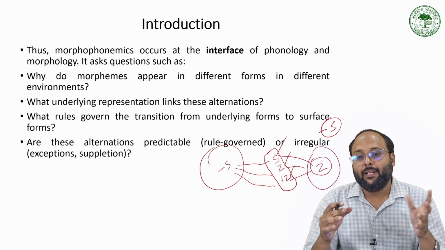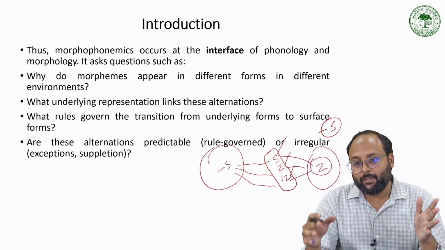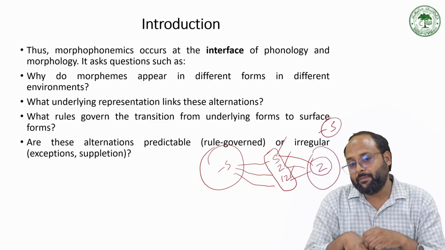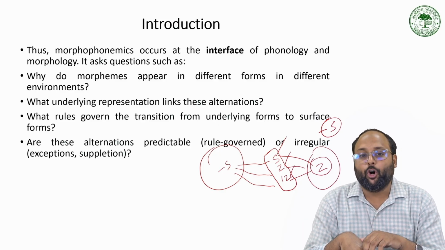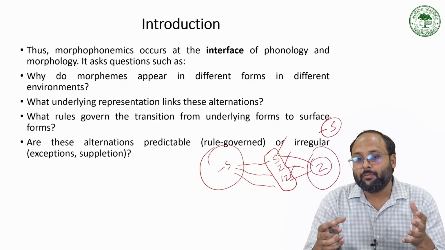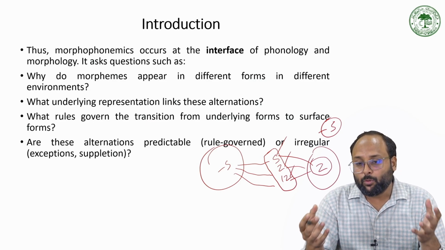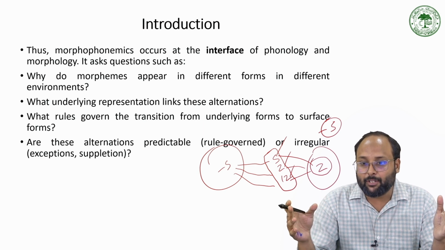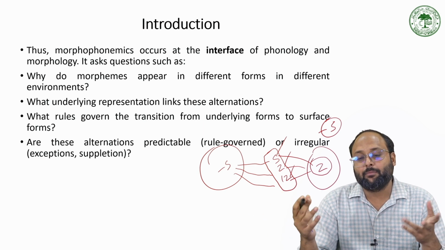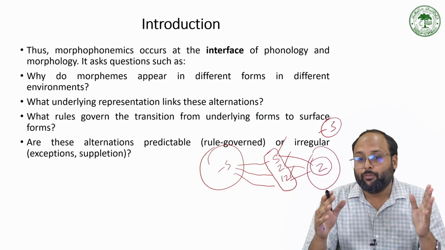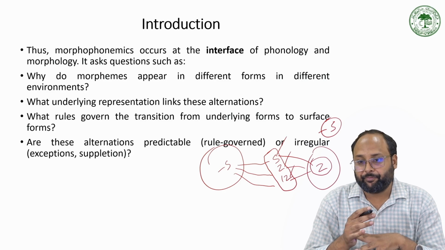That is the adjacent phoneme, which is the phonological environment, and because of that environment we have different alternations. So they are all rule governed. Rule governed means there is some logic, some system for different alternations. It is not random that it sometimes occurs as sa, sometimes as is. No, it has a certain system, certain rules for these alternations.